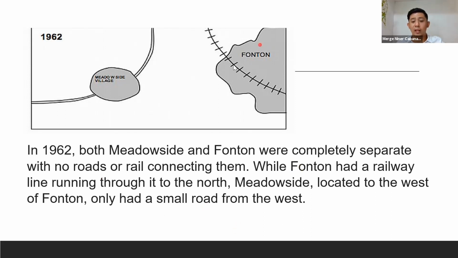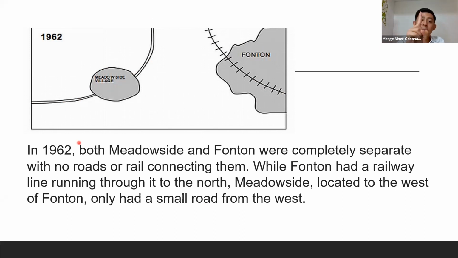Take a look. Fontaine had a railway running through the north. Sorry, my mistake. Fontaine is right here. Okay, Meadowside, located to the west. Here is the west, which is the opposite of Fontaine, only had a small road from the west. So how many paragraphs for 1962? 1.